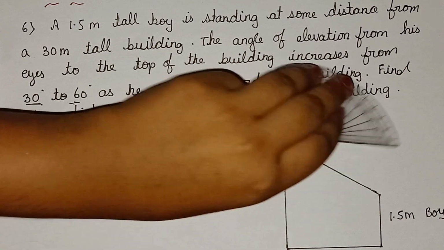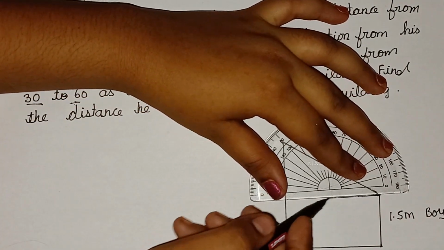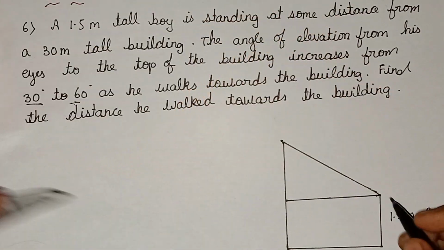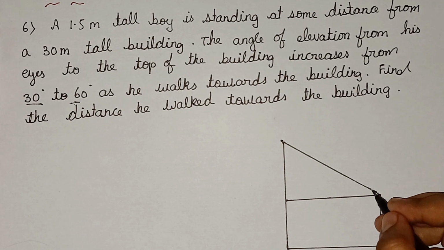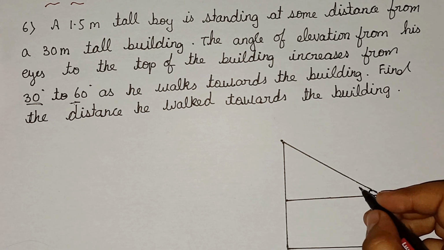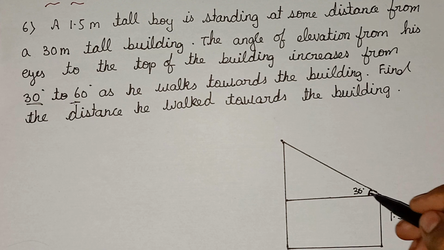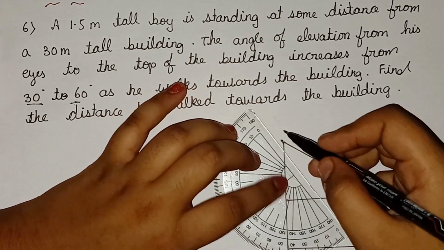That means here if I just draw a horizontal line, this is the eye of that boy. When he walks towards the building, here it is forming 30 degree. And then when he walks further, he will form an angle right over here.